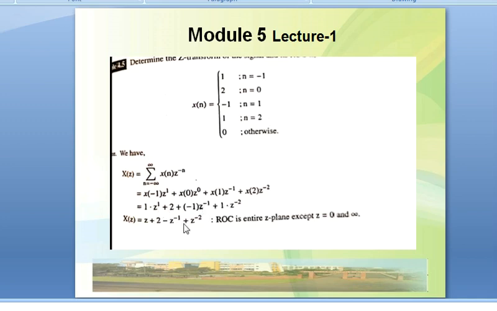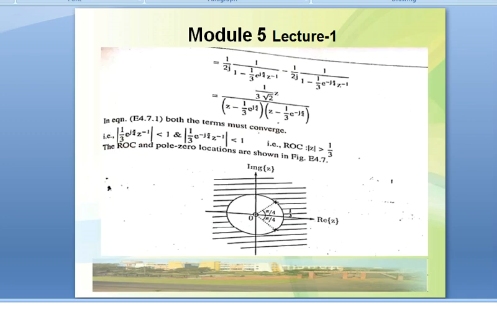So when we write these, we get z plus 2 minus z raised to -1 plus z raised to -2. The other kinds of problems, we can see in the next classes.